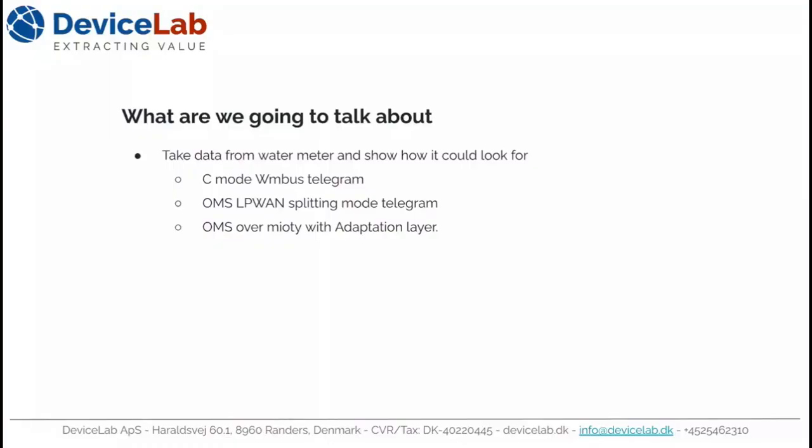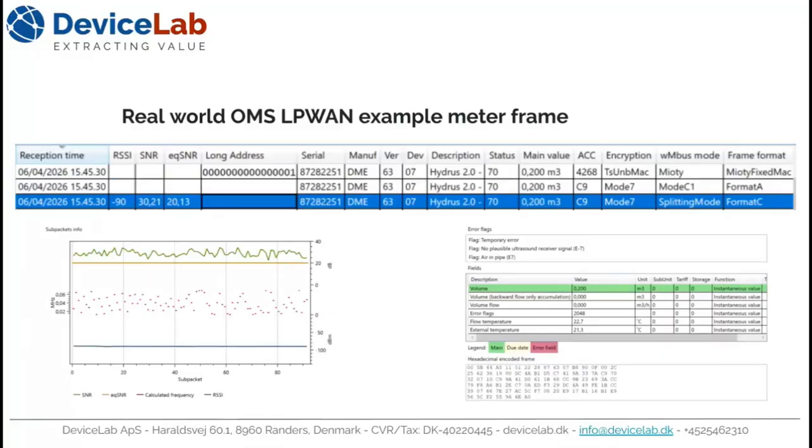Yes. Good. So now let's dig into some details of what this looks like. We're going to look at the two different modes that Thomas brought up and compare them to traditional C mode wireless M-Bus. First of all, we need to have something to do this on. To make it more concrete, I use a real captured telegram as a basis for this comparison. This is what it looks like when I captured the OMS LPWAN frame.